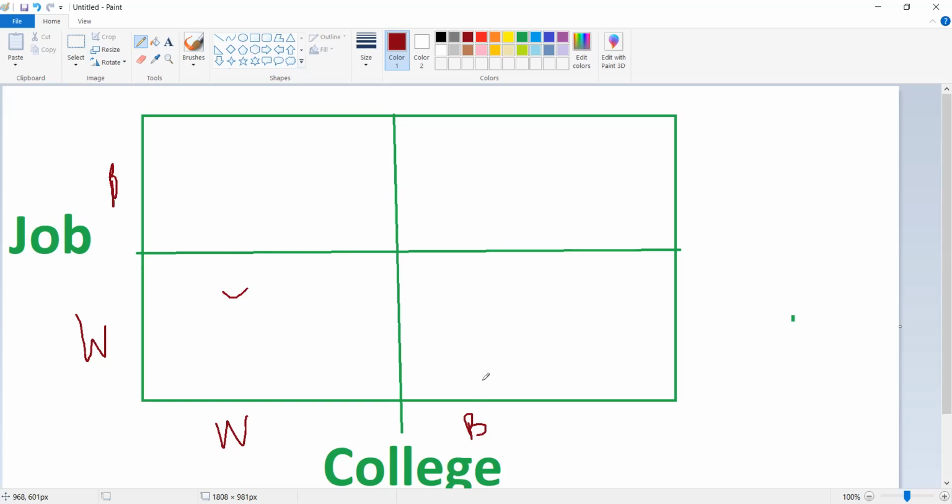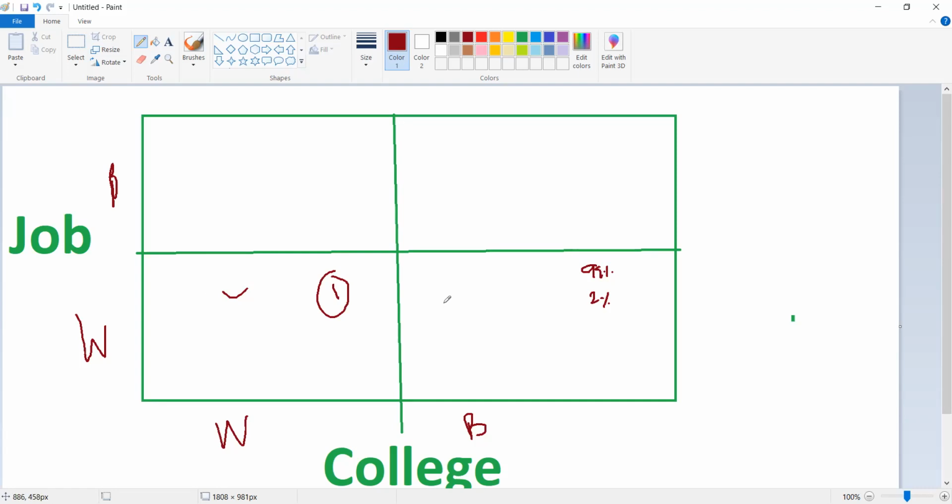This is where student performs best at college, right? But this is worst at job. Situation 1, performs worst in both the cases. Here, you perform best in college, the example which I gave you, right? 99% at college, but let's say 2% at job.